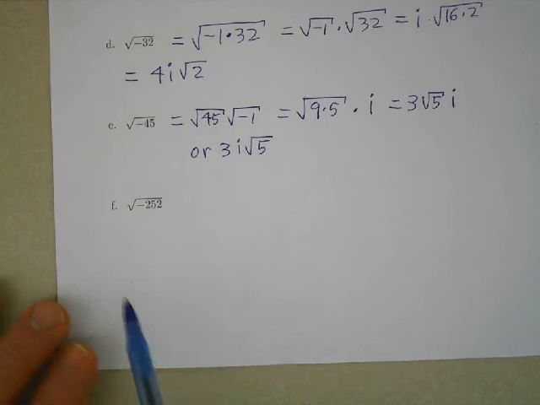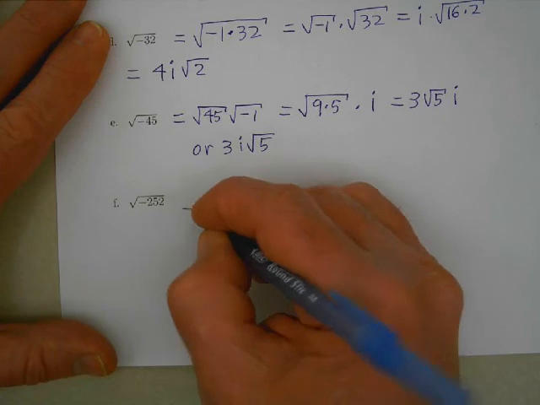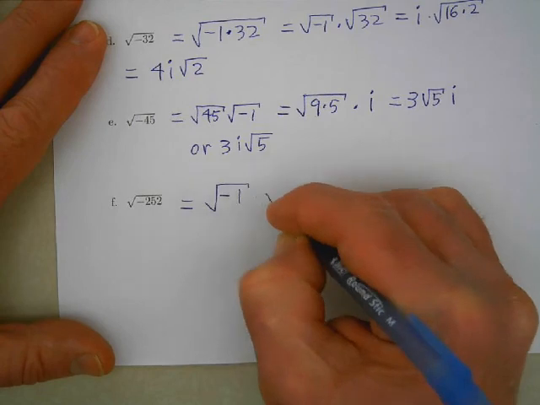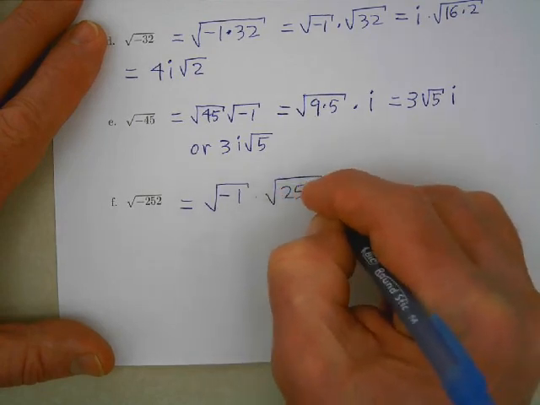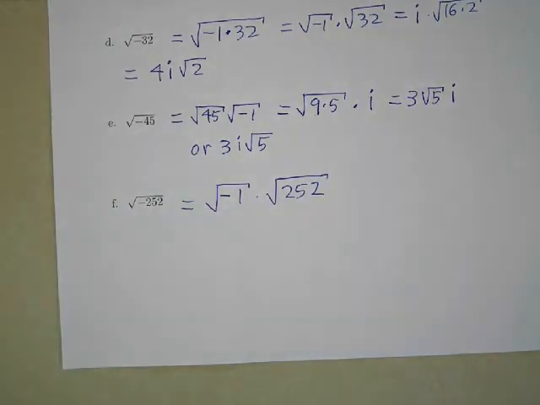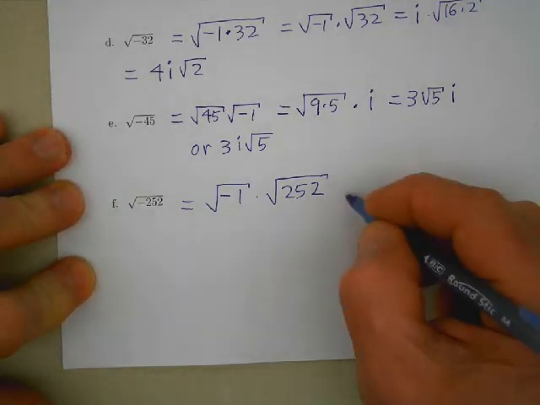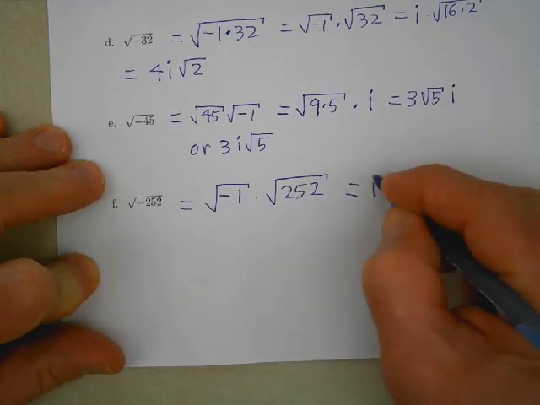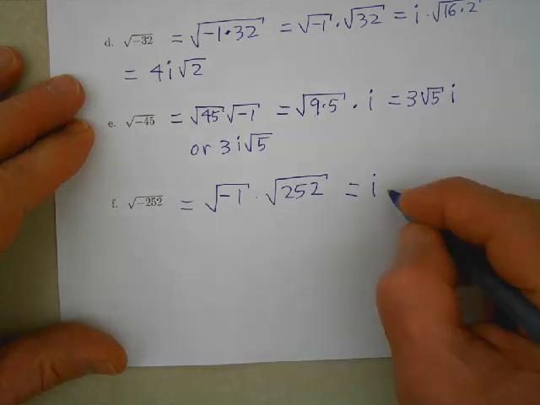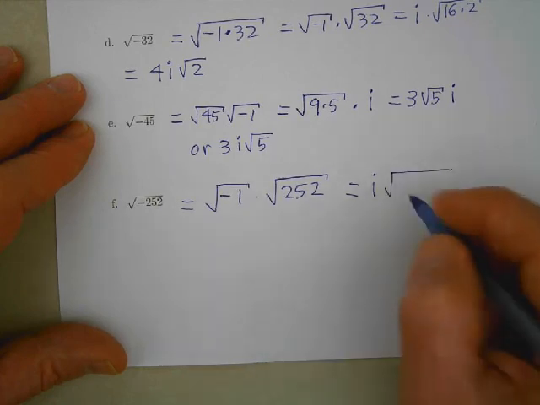Okay, the last one, the square root of negative 252. So you could think of that as the square root of negative 1 times the square root of 252. Okay, and we will replace the square root of negative 1 with i. And the largest factor of 252 that's a perfect square is 36. 7 times 36 is 252.